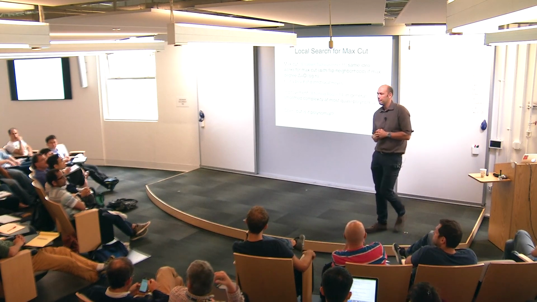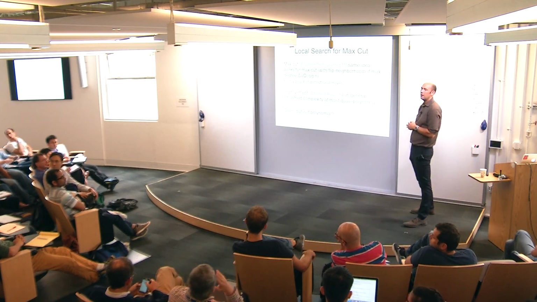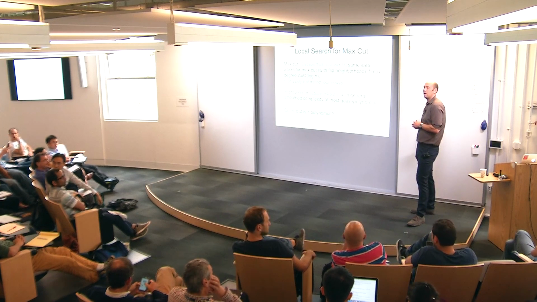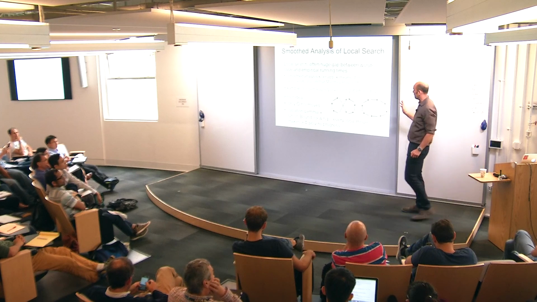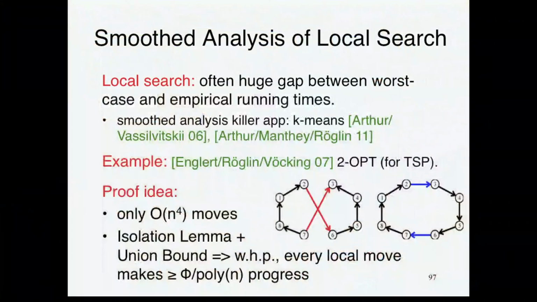Do all the analyses proceed by the isolation lemma and union bound, or is there any other form of analysis? No. I'm sorry if I gave that impression. I focused on the easy ones just because it's a tutorial. For k-means, you have to work a lot harder, and still on some level you're taking some kind of union bound at the end of the day, but you have to be very clever about equivalence classes of different moves, and then you take a union bound over a polynomial number of equivalence classes.